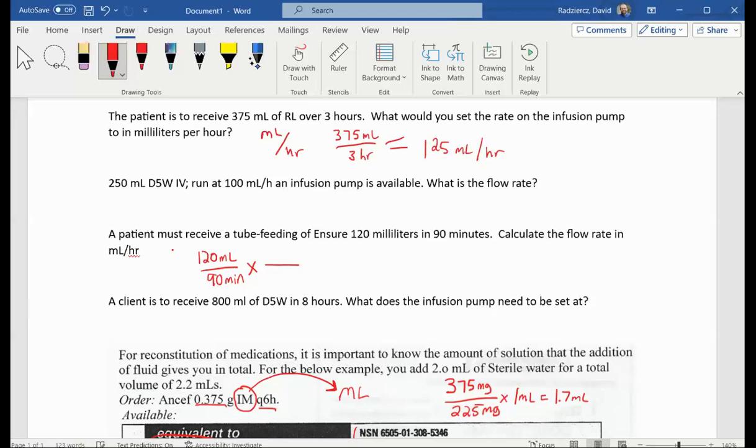Now, this is where people, especially nursing students, hate what I'm about to do, but I'm going to do a conversion factor, and what we're doing is dimensional analysis, which everyone hates, or everyone likes, depending on your thing. But the reason this is beneficial is because you might have the question, do I multiply by 60 or do I divide by 60?